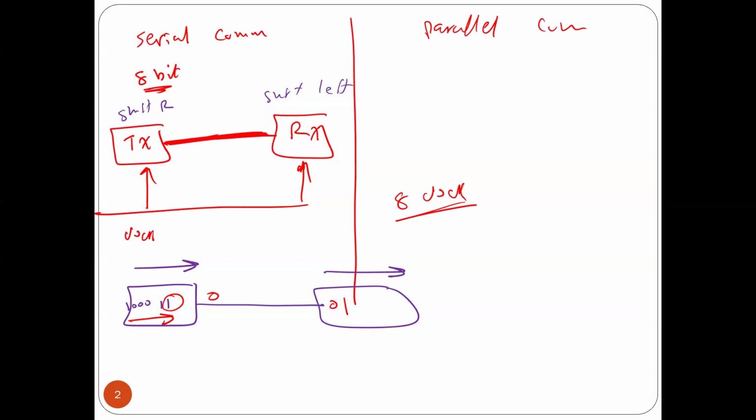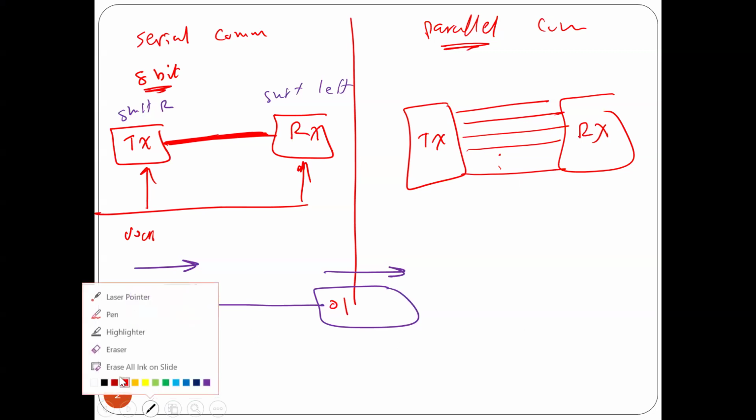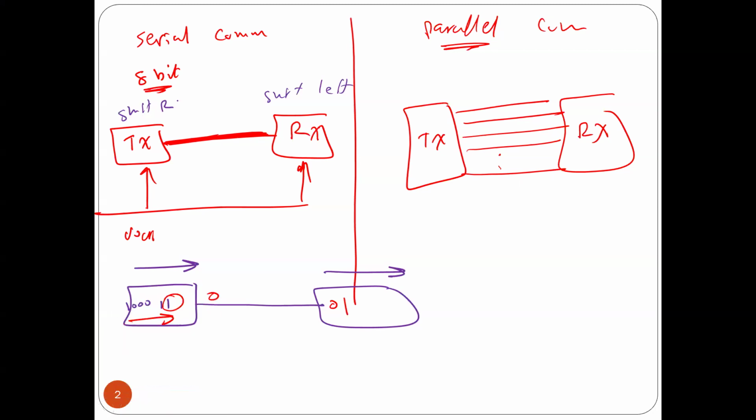In case of parallel, it is different. Here this is the transmitter, this is the receiver. We are going to have 8 wires. I output the number here, 0011 and so on, and then I need only 1 clock to transfer the 8 bits at once.